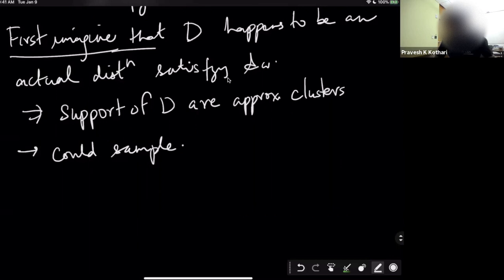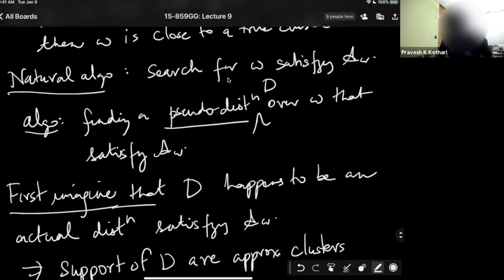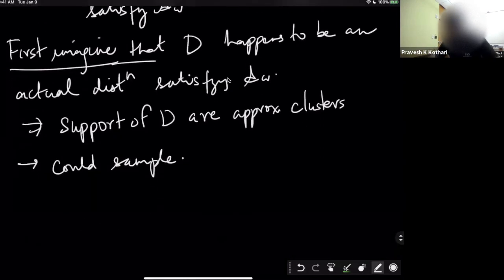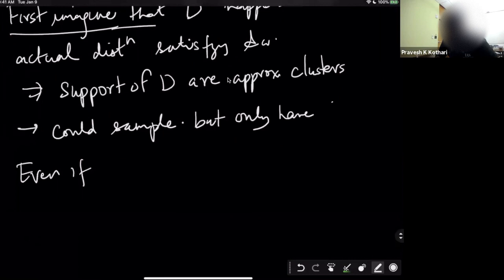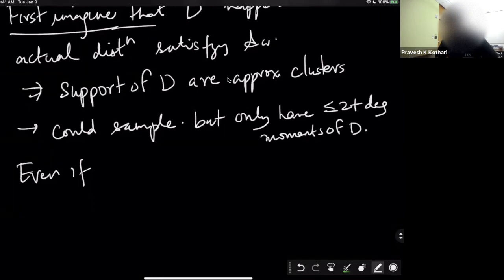In particular, the pseudo distribution we'll compute will be of degree, let's say, 2t, which means that I'm only allowed to compute expectations of polynomials of degree up to 2t. So the point I'm making is that even if the pseudo distribution happened to be an actual distribution, it's a somewhat non-trivial problem to get one solution out of it.